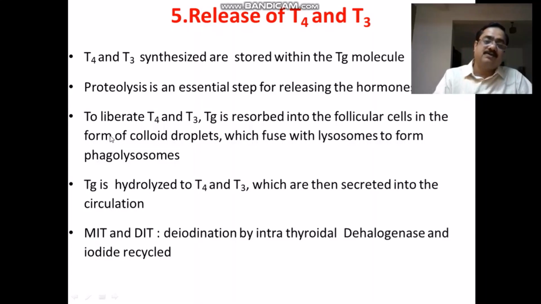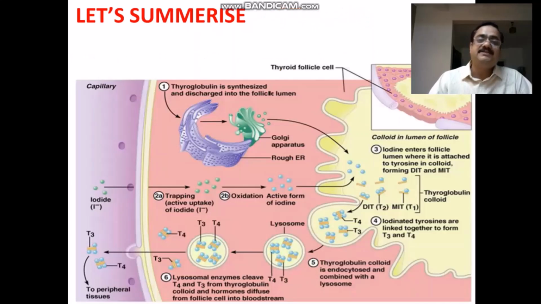And then thyroglobulin is hydrolyzed to T4 and T3, which are then secreted into the circulation. MIT and DIT are deiodinated by intrathyroidal dehalogenase and iodide is recycled.